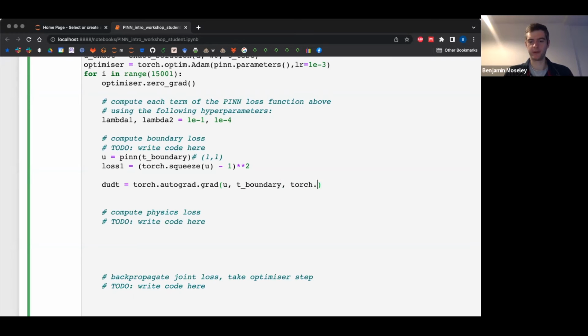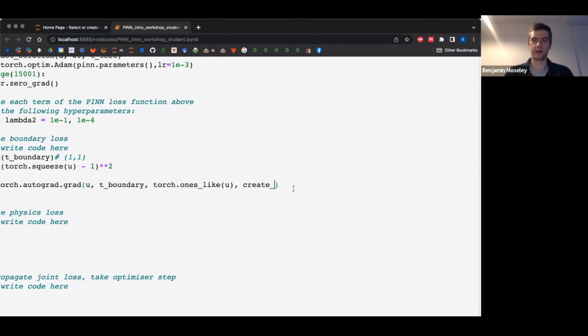There's another input that it needs, which is an array of 1s. I'm not going to go into what this really means, but it's to do with the way autograd computes these Jacobian vector products behind the scenes. But suffice to say, it's computing the derivative of u with respect to the boundary point here. And then the final argument that we need to put in is create_graph equals True.